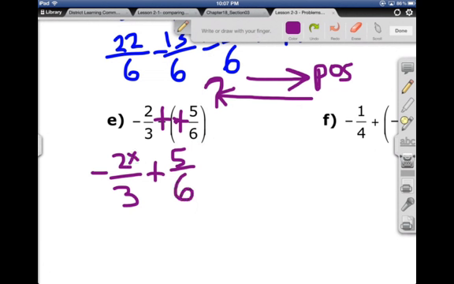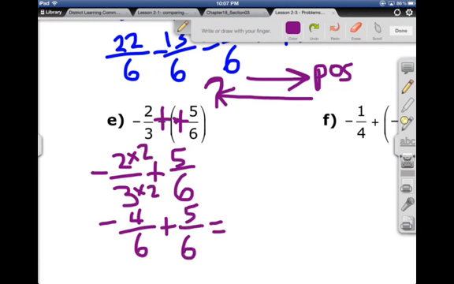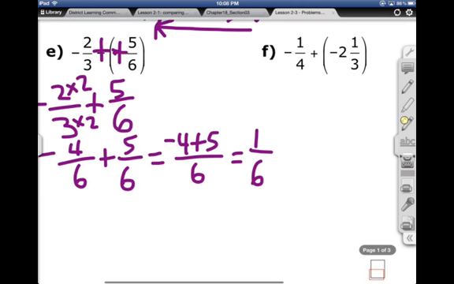Let's adjust this so that it's out of 6. You have negative 4 over 6 increased by 5 over 6, which is negative 4 plus 5 over 6, 1/6. Done. Not a bad little example.